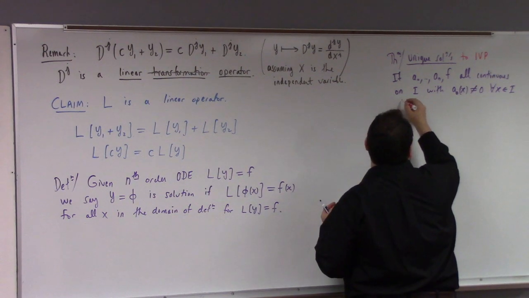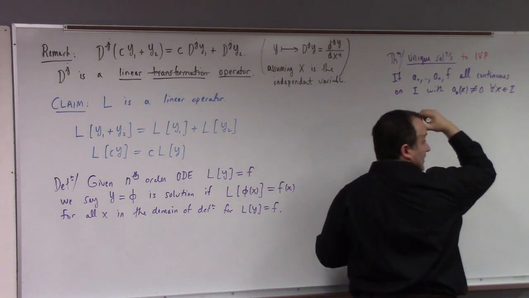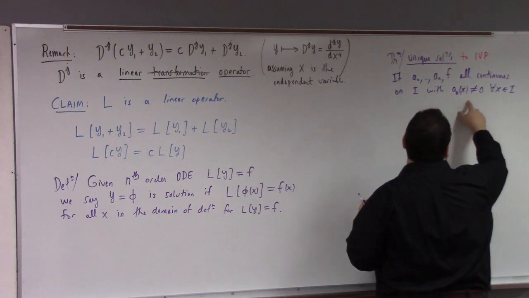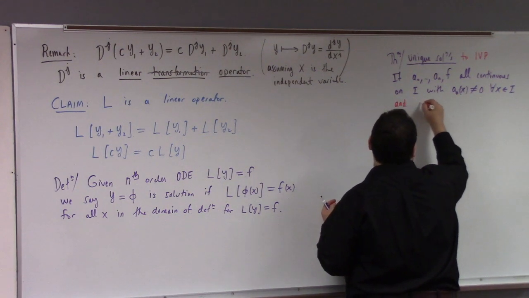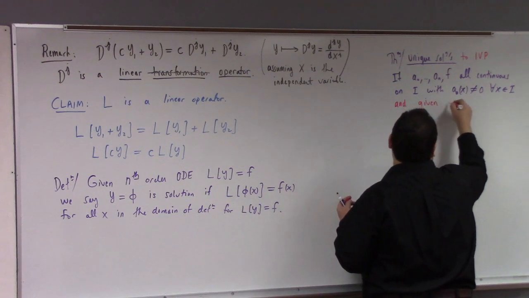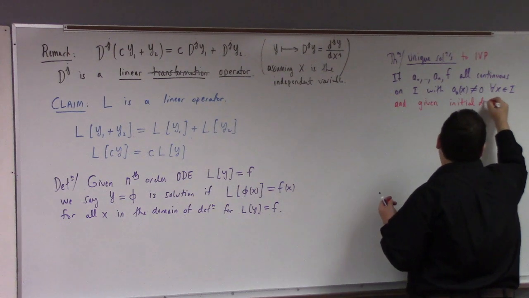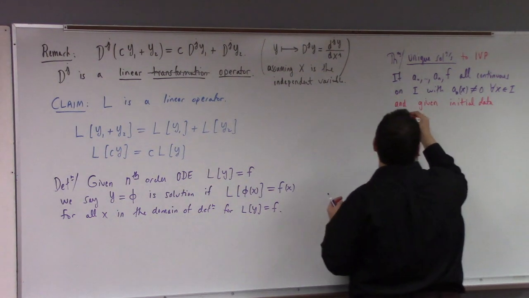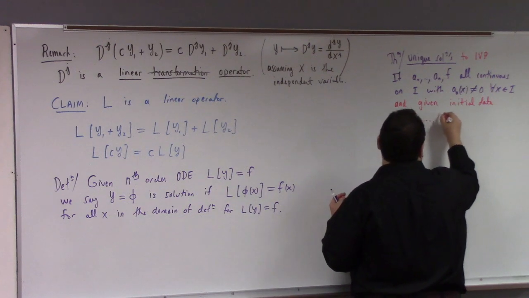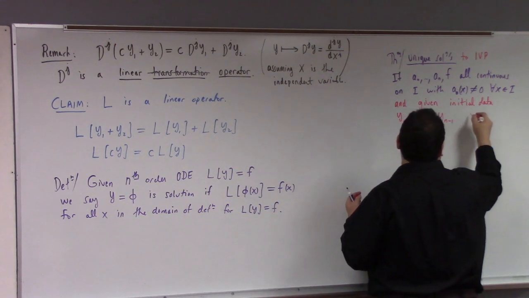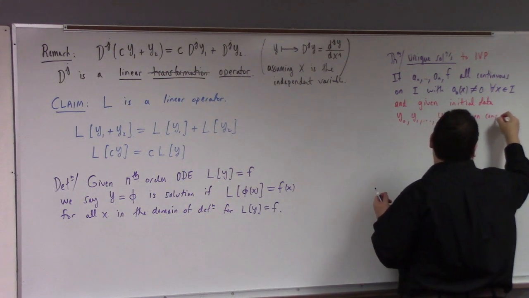Such that, you're given that all of the coefficient functions in the differential equation are continuous, and you're given initial data. And so the initial data is, let's say, y0, y1, and so on, up to y sub n minus 1. These are given constants, okay?